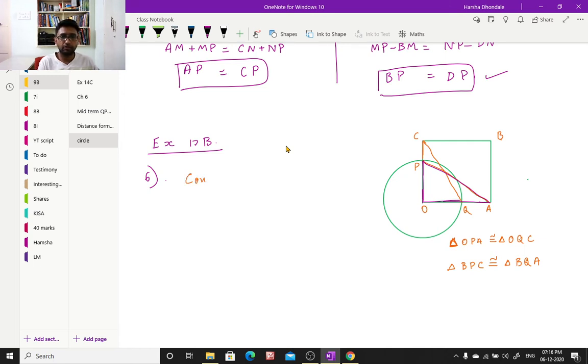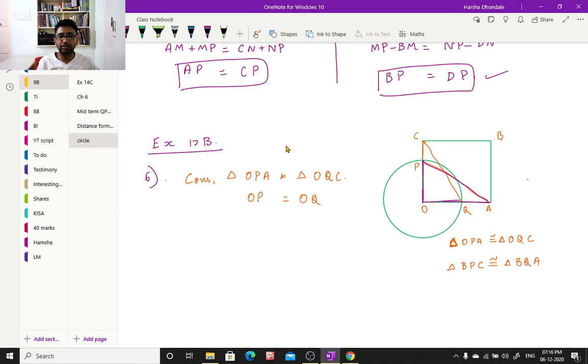Consider triangle OPA and triangle OQC. Consider these two triangles. OP is equal to OQ, I can say that. Why?